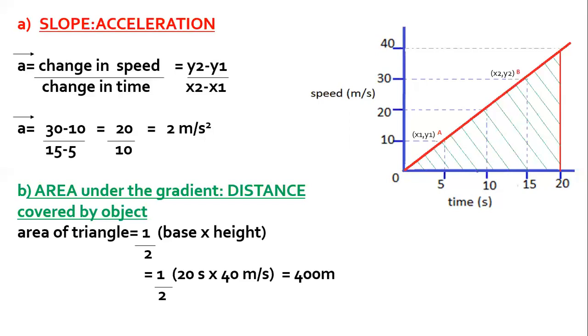So half, I'm not going to do anything with that, but for base, yes, I will use the values. This is your base, and the maximum value over here is 20, and my height, the speed, is 40. So I'm going to put the values 20 into 40 divided by 2. I will solve it and I will get the answer of 400 meters. That is the distance covered by the cyclist.